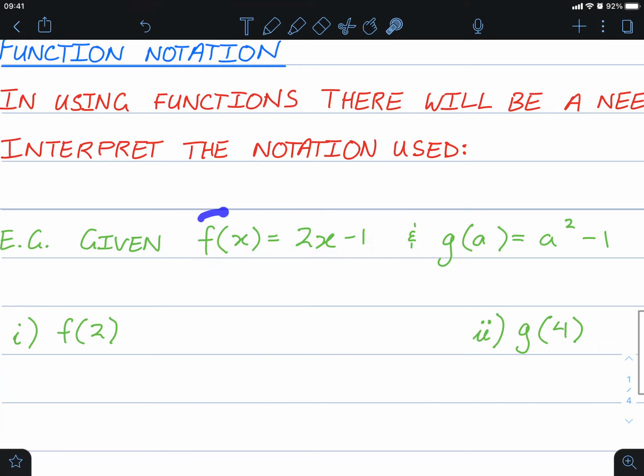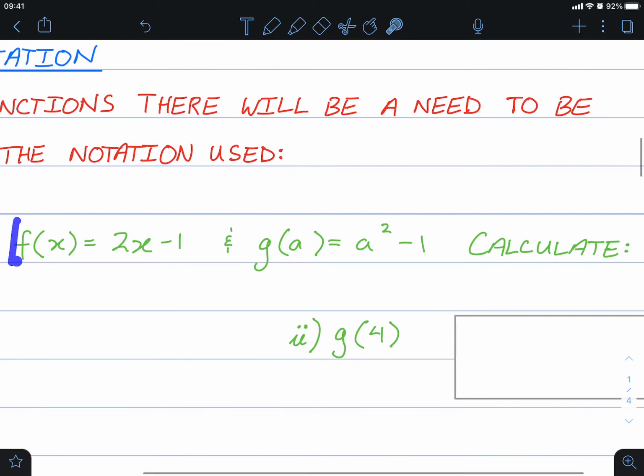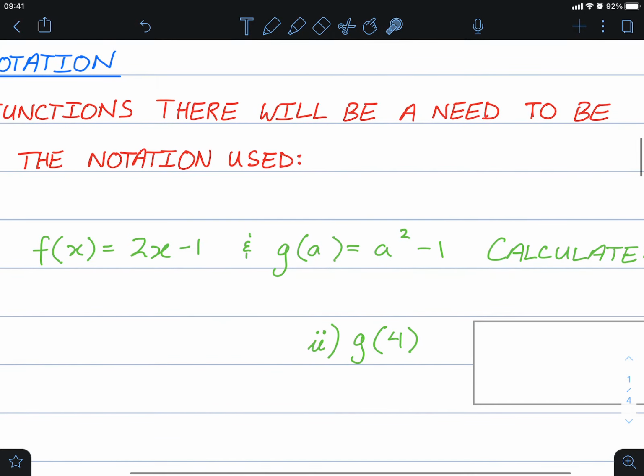We can read this as f of x equals 2x minus 1. The letter for the function doesn't have to be f. I know f seems suitable because of the word function, but it could also be g of some variable equaling a different expression, like g of x equals x squared minus 1. So these are both examples of functions.